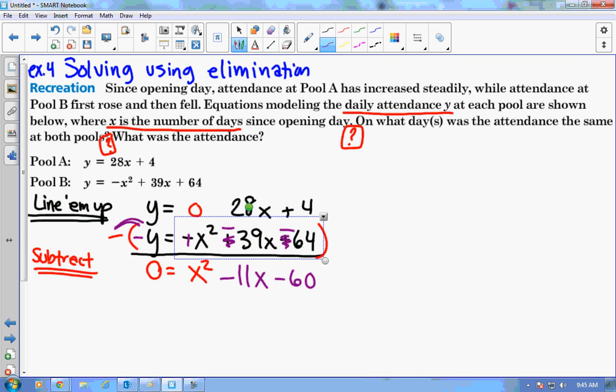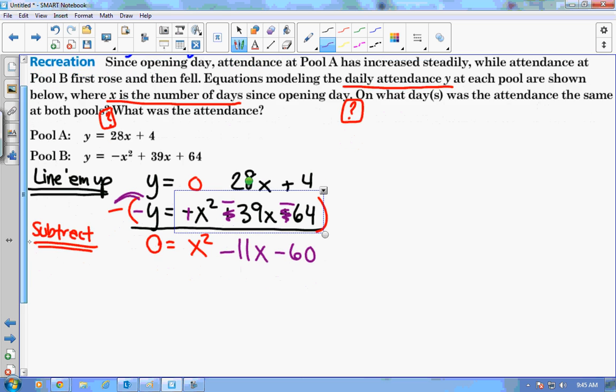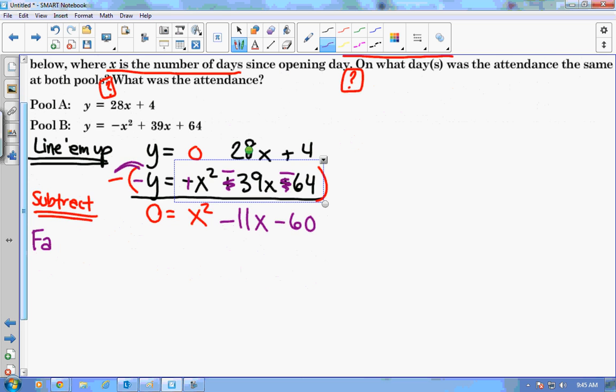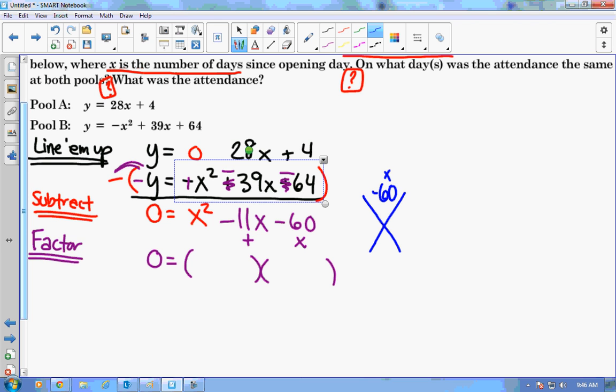How do we solve a quadratic that's equal to 0? Yay, you guys know. Factor. Okay, two numbers that multiply to negative 60 and add to negative 11. You can do the x if you need to and do a list. Two numbers that multiply to negative 60 and add to negative 11. Think about it.